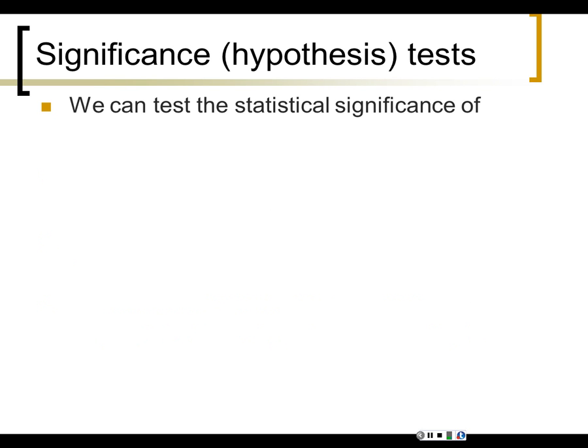So these hypothesis tests, we can test the significance of all of the pieces of regression. We could test the significance of A. In other words, the null hypothesis is that A in the population is 0, that the y-intercept is 0, and then the alternative hypothesis would be that it's either greater or less than 0, so it's not equal to 0 in the population.